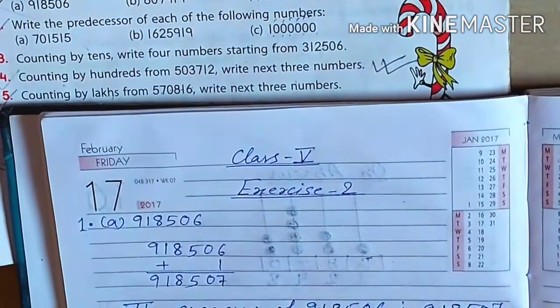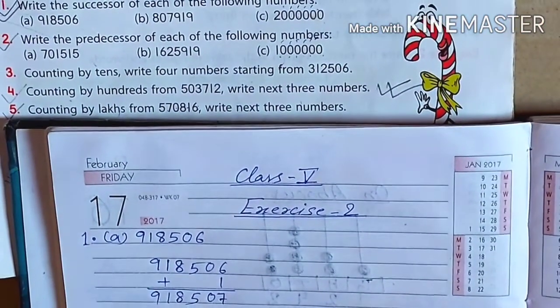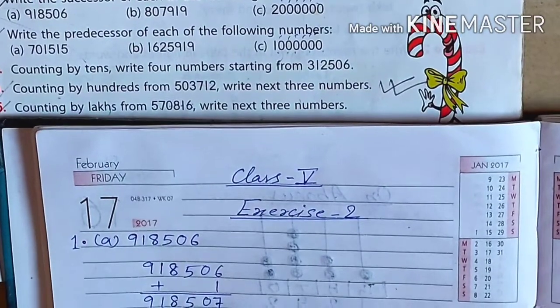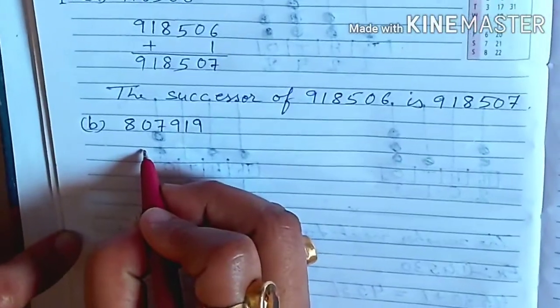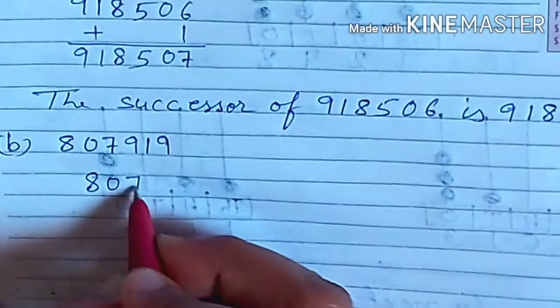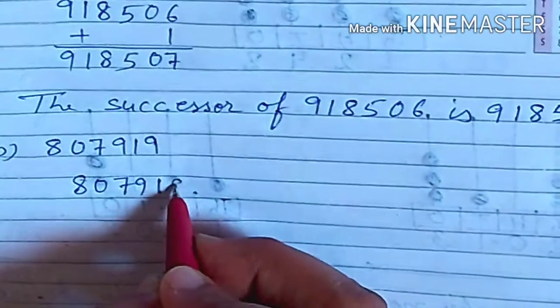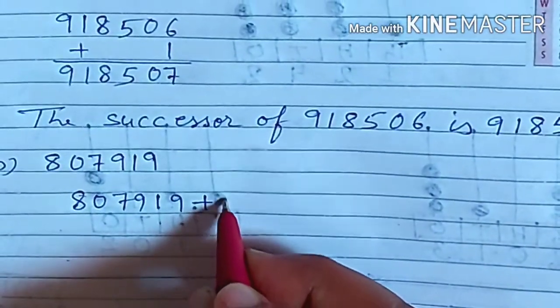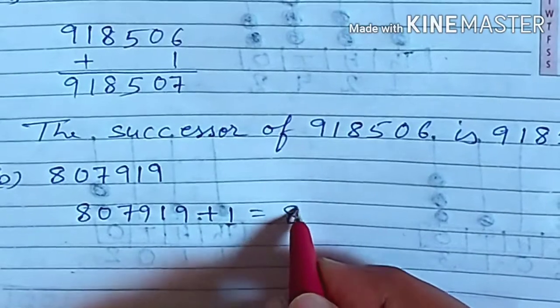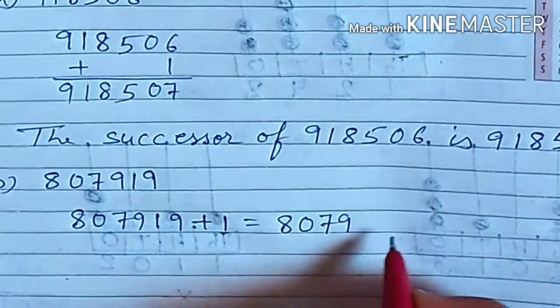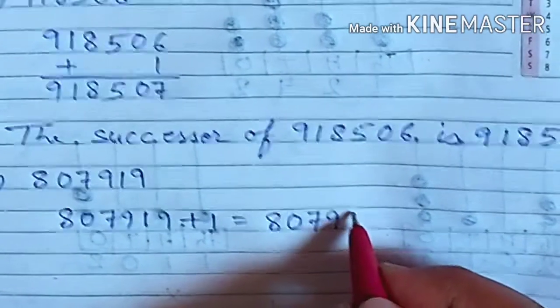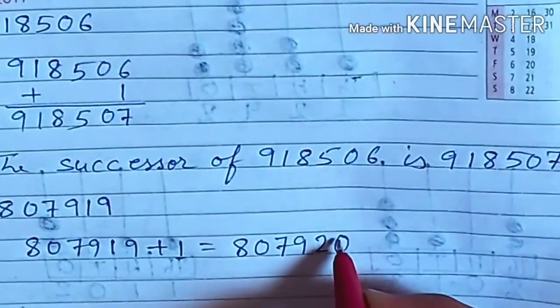Now we have to find the successor of 8,07,919. To find this, we have to add 1 to this number. It gives you 8,07,920.